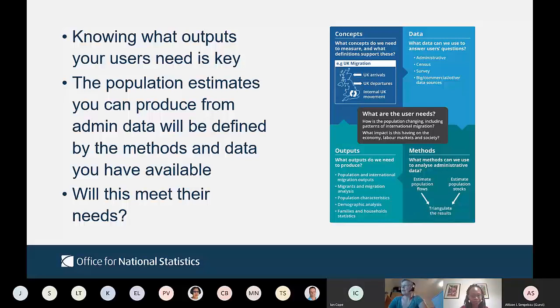For us the UN definition is key, but the data sources we have, admin data sources that is, don't neatly fit into that definition. So we need to develop the methods to help us more closely do that and ensure that we can continue to produce the outputs that our users need.